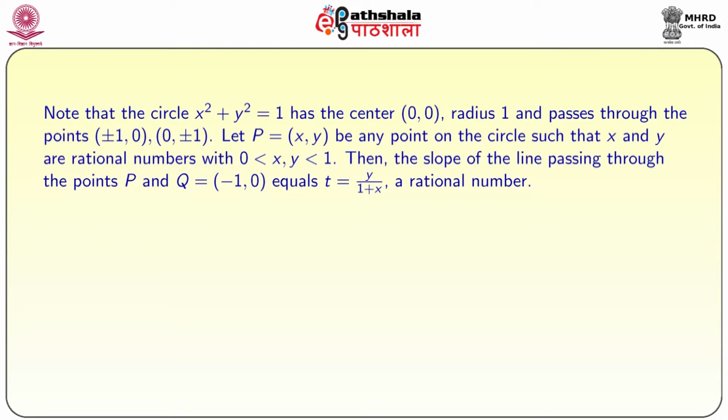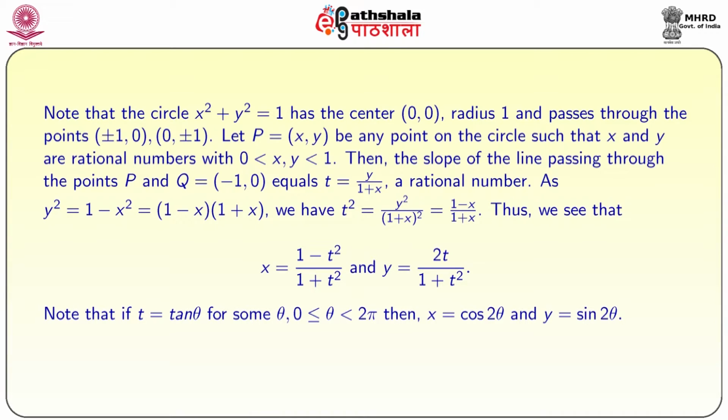Let P equal to (x, y) be any point on the circle such that x and y are rational numbers with 0 less than x, y less than 1. Then the slope of the line passing through P and Q equal to (minus 1, 0) is t equal to y by (1 plus x). It is a rational number.